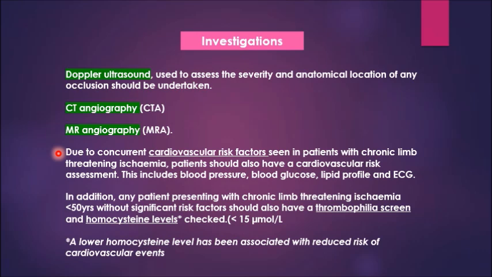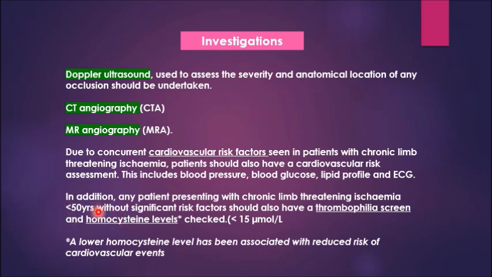In addition, any patient presenting with chronic limb threatening ischemia who is less than 50 years of age without significant risk factors should also have a thrombophilia screening and homocysteine levels checked. Okay, this is for patients who are less than 50 years old, have got no cardiovascular risk, no other risk factors.